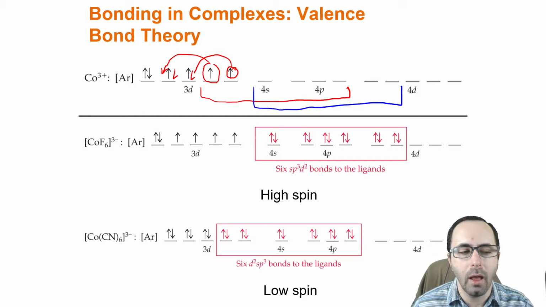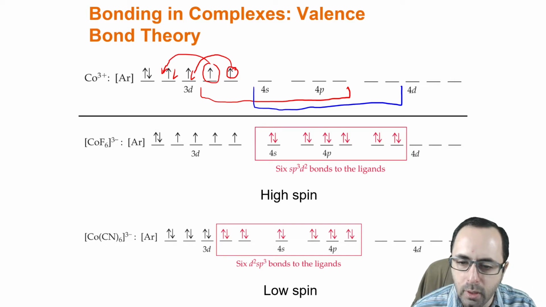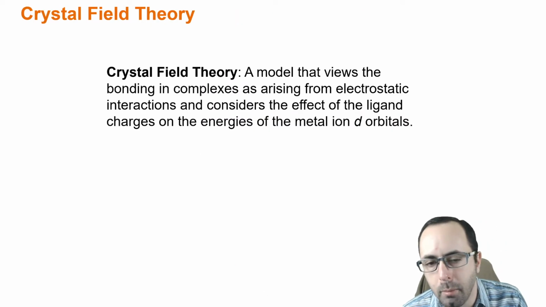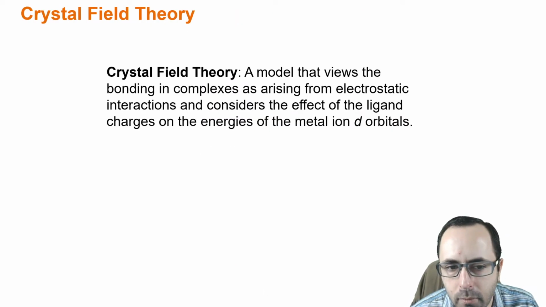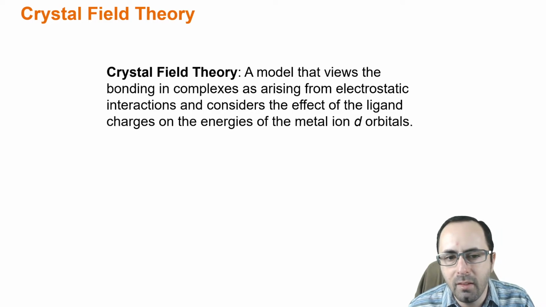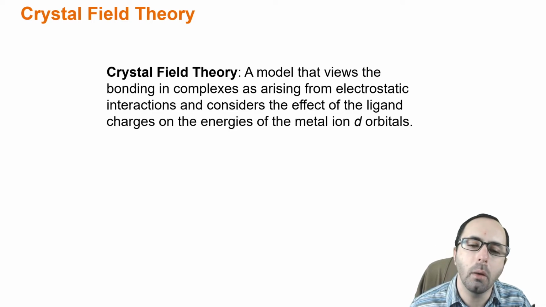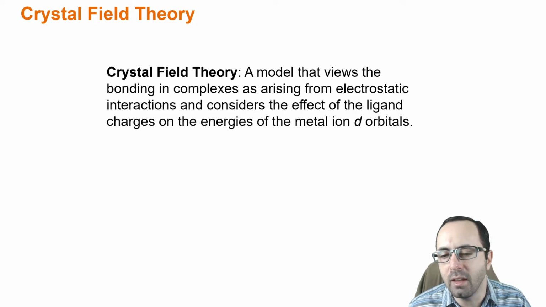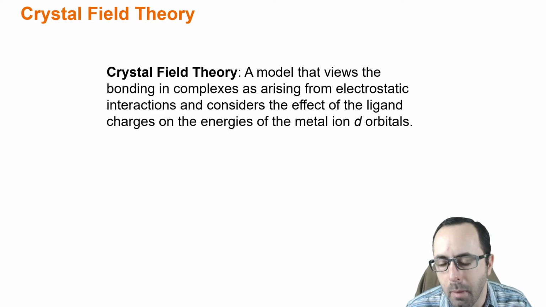So we're going to have to rely on a different theory to explain the colors and the high spin, low spin thing. That theory is going to be crystal field theory. Crystal field theory takes into account that there is an electrostatic interaction between the incoming ligands and the orbitals in the transition metal ion. And this changes the energies of the various d orbitals in the metal ion.